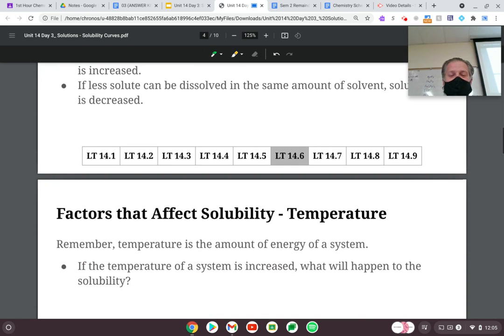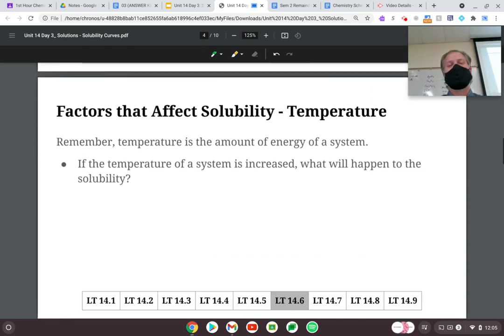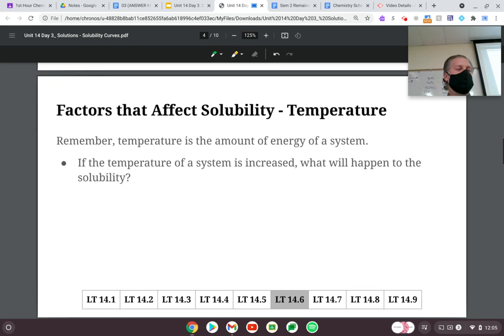Now, there are 3 major factors that affect solubility, or how well something can dissolve in water or in another substance. The first one of those is temperature. Remember, temperature is really a measure of the amount of energy that a system has. So if we increase the temperature of the system, what happens to solubility?